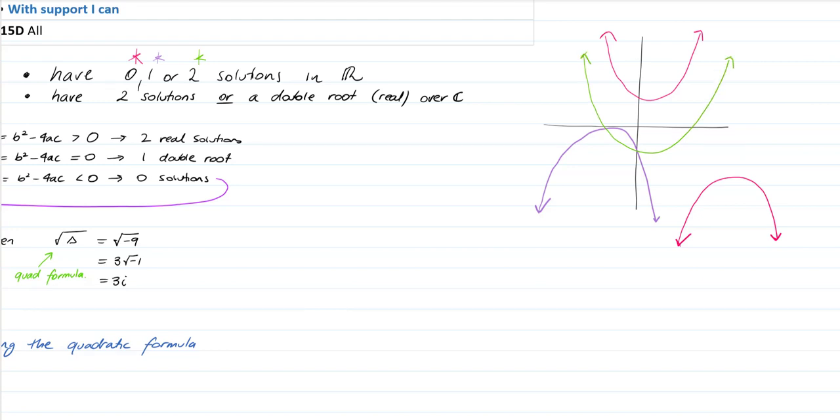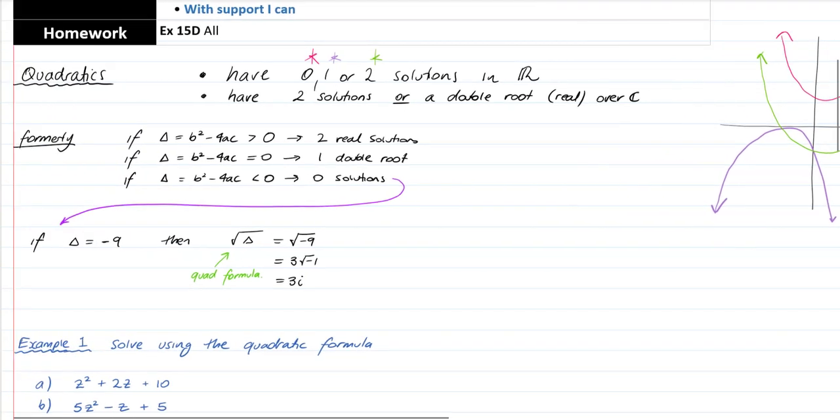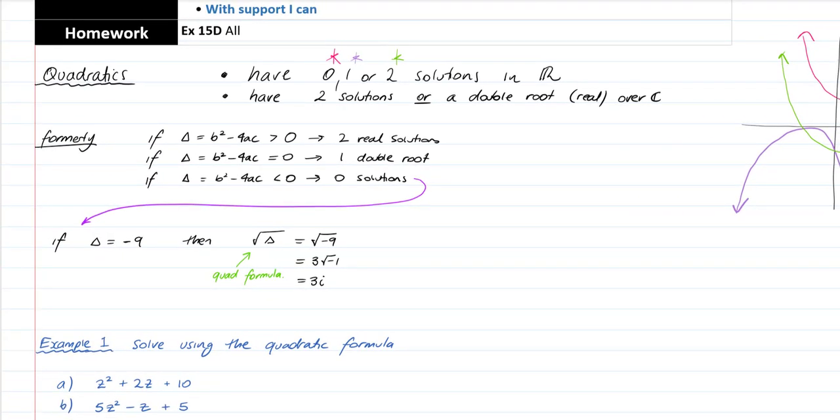Now, if it's got 2 solutions, then they're real. But it turns out that these pink ones actually have solutions, but they're complex solutions. So remember formally that if the discriminant is greater than 0, there's 2 solutions. If it's equal to 0, then there's 1 solution, but it's a double solution called a double root.